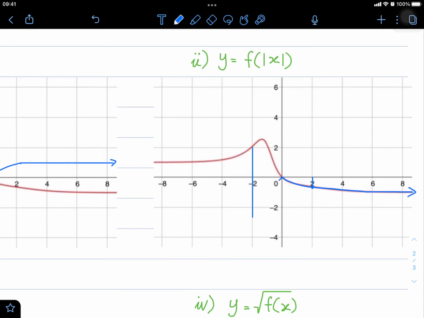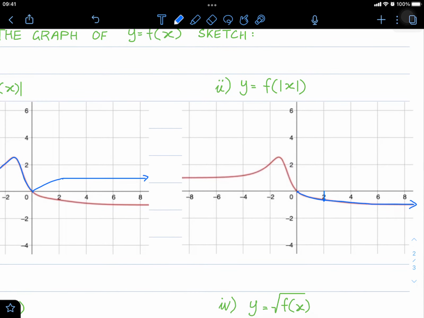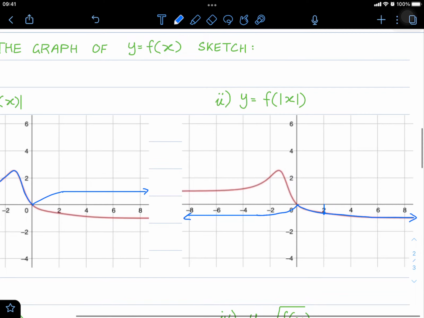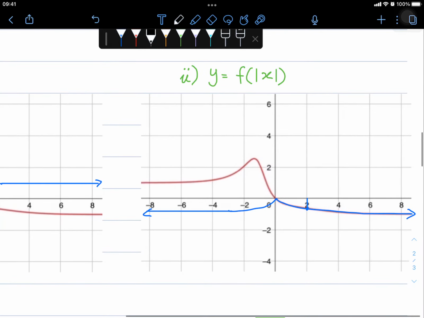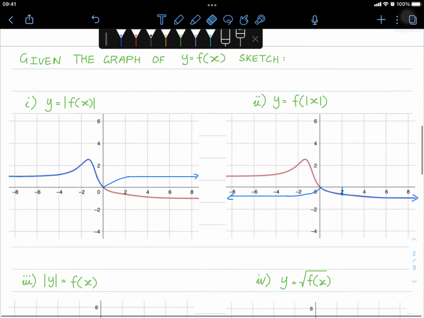So it's kind of like a reflection, like so. Let me try to draw this again a little bit more neatly. Hope you understand the idea. It's something to that effect. So while I'll highlight in black, this no longer exists, and it's only what we see in blue. Alright, so let's move on.